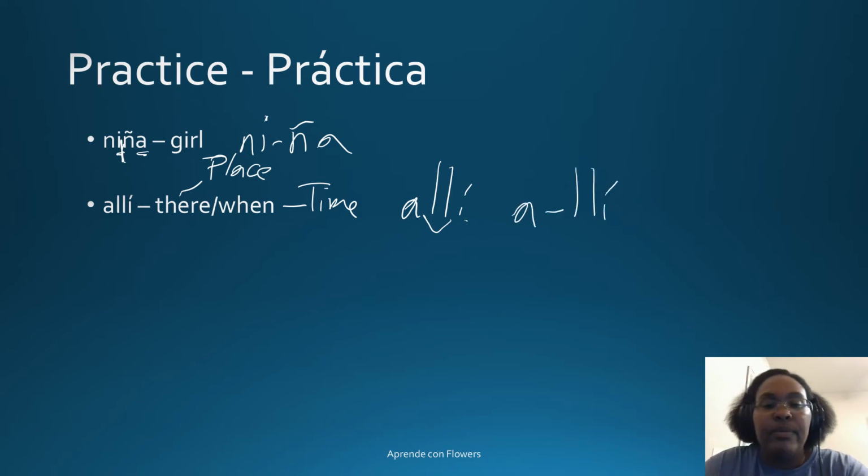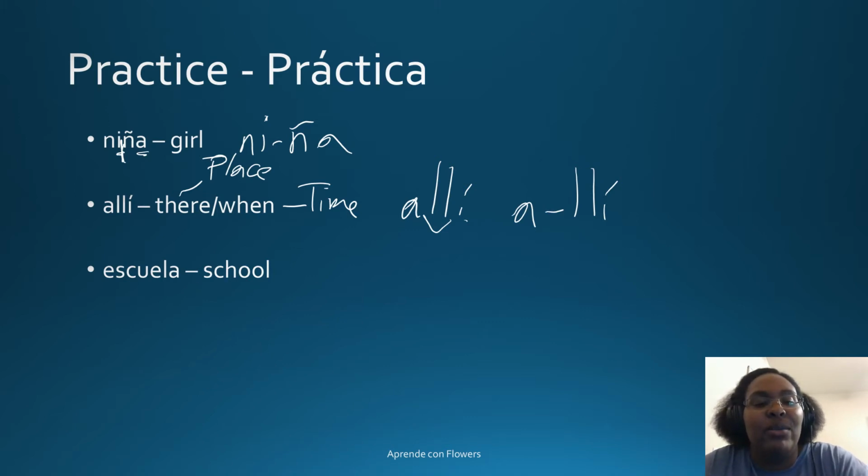y. Okay? What's next? Escuela. Ooh, this one's fun and a little tricky. So we have 2 consonants here and an L, right? But we don't care about those right now. We want to find our vowels.